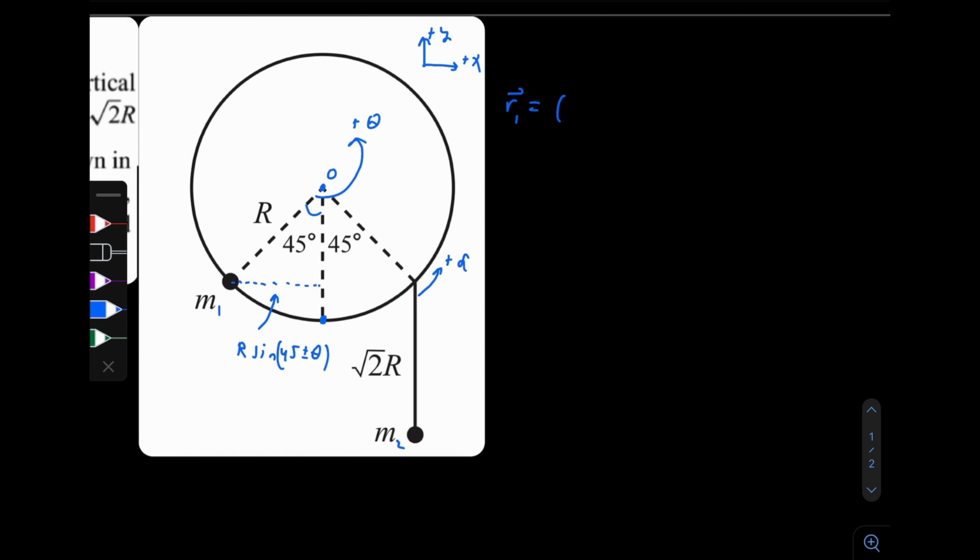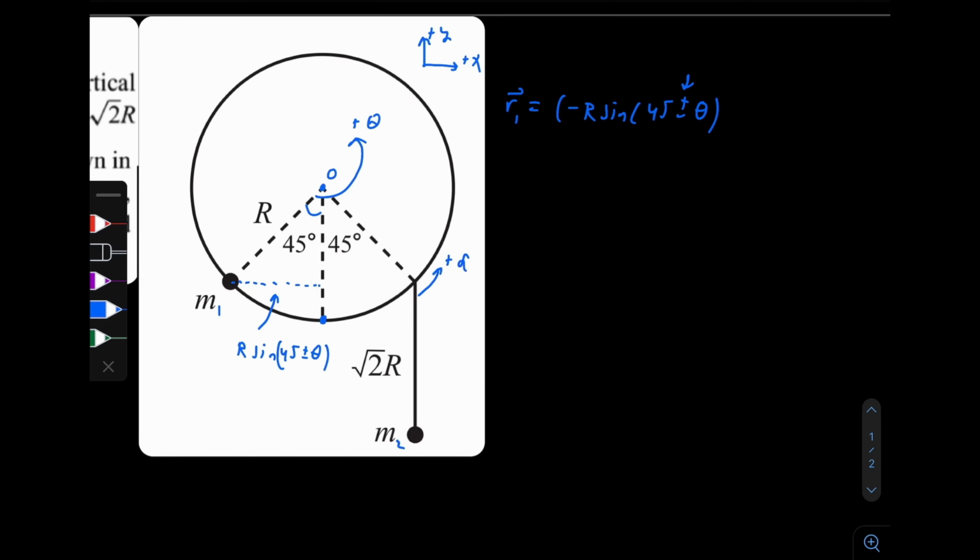Also, m1 starts to the left, so we're going to have a minus r sine of 45 plus or minus theta. But we need to figure out which one it is. If theta is equal to 45, and we do plus, 45 plus 45 is 90.